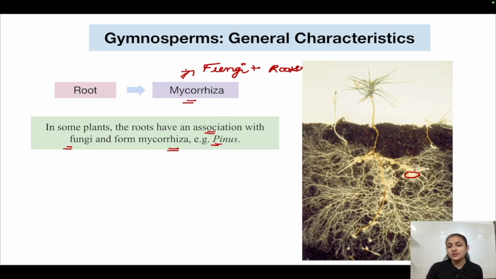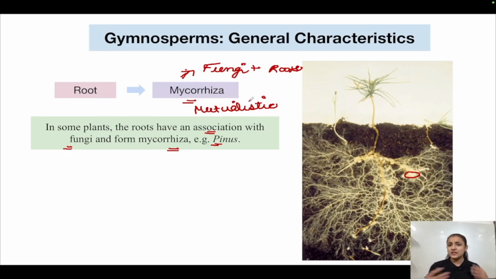These combined structures of fungi present in association with the roots of plants are known as mycorrhiza. So in some gymnosperms these mycorrhizal associations are found, and these are mutualistic or symbiotic associations. Why are they symbiotic?